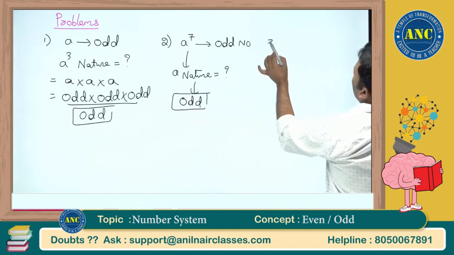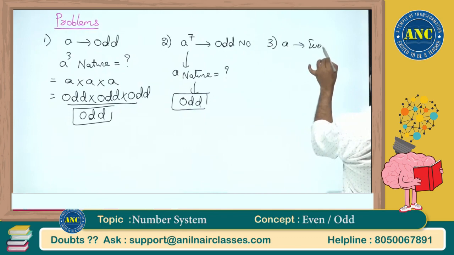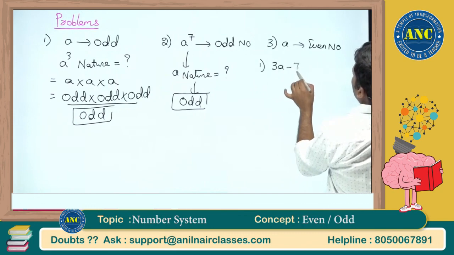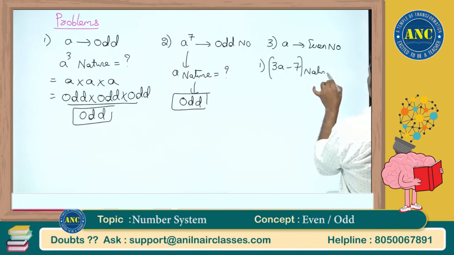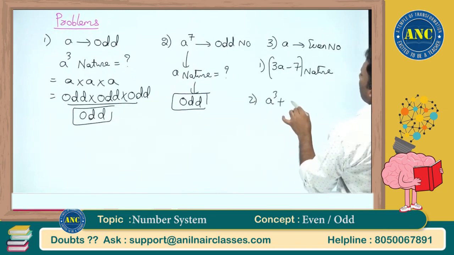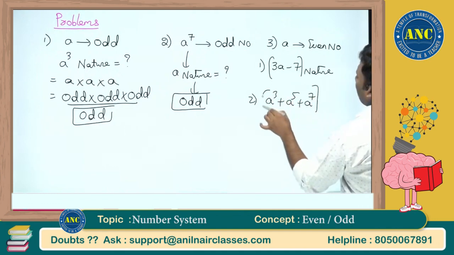Next, third question. All are basic foundation questions. A is an even number. Find the nature of 3A minus 7. Then A power 3 plus A power 5 plus A power 7 nature.